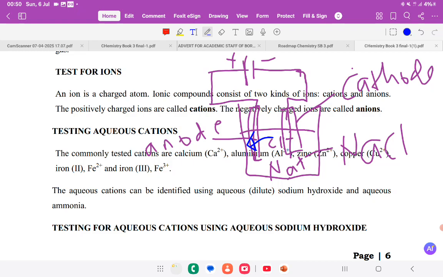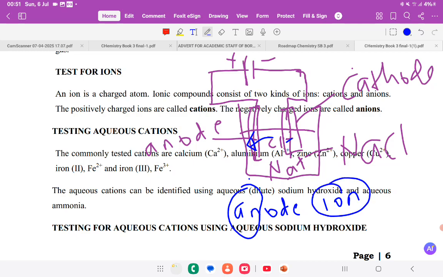For that reason, negative ions are called anode ions, because they are attracted to the anode of the setup. So instead of saying anode ion, you simply take the first part, the AN, and then ion, anion.